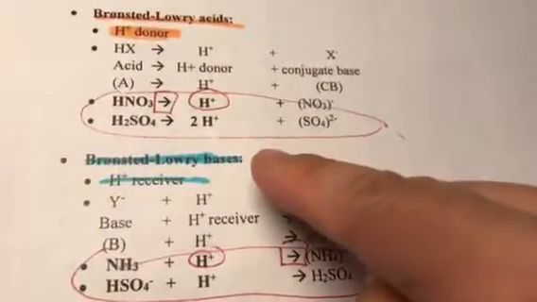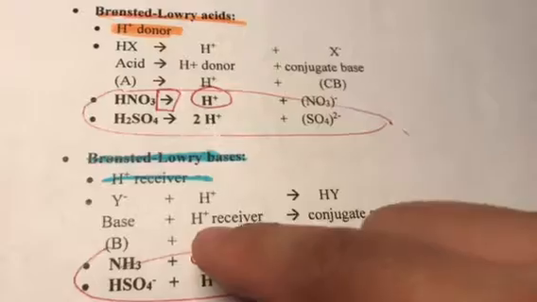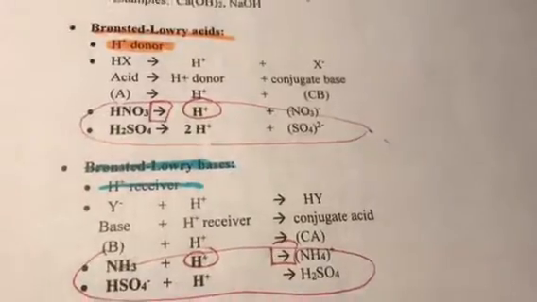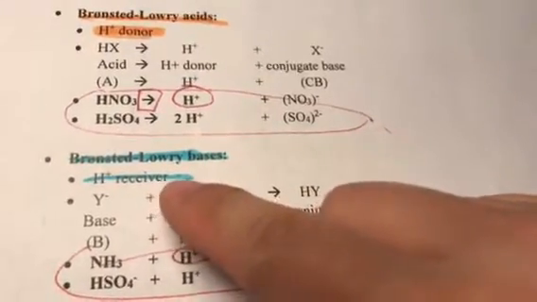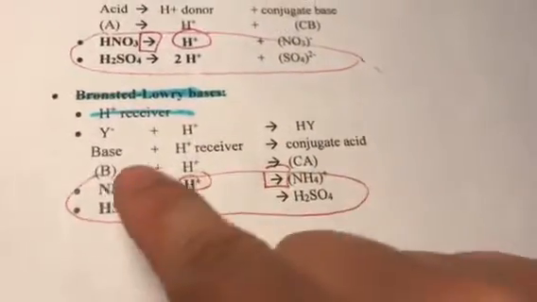This is a donor. Now Bronsted-Lowry base especially replaces the old definition, Arrhenius base. So they are not talking about giving off OH minus. They say they are the H plus receiver. So if you look up, for example NH3, right?